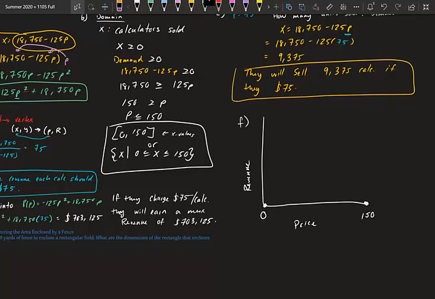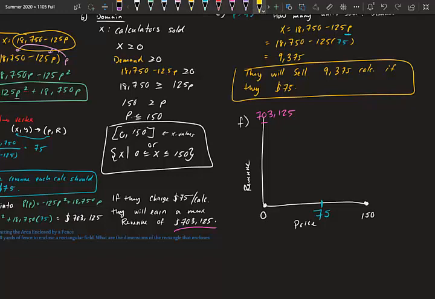So that means the max we can earn is 703,125. And we earn that much when we charge $75. Do you notice 75 is right between 0 and 150? Just throwing that out there.